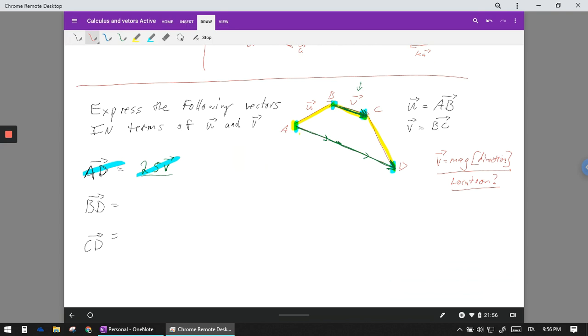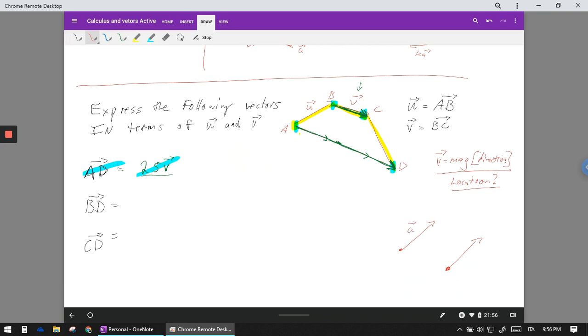And so if one vector happens to have a magnitude and a direction, then it's equal to another vector if the other vector has the same magnitude and the same direction, even if they're in a different location.